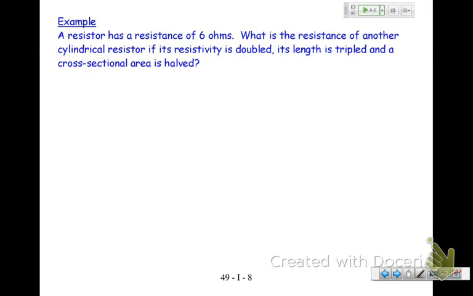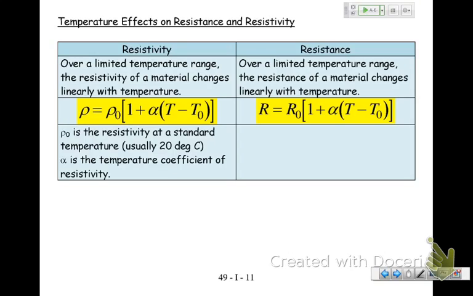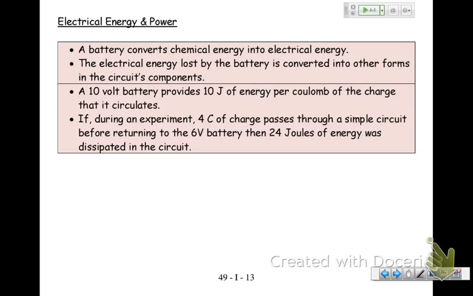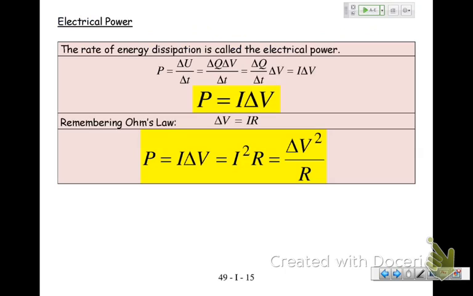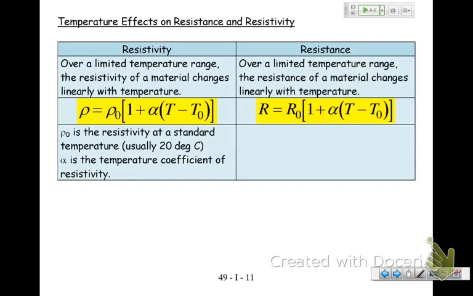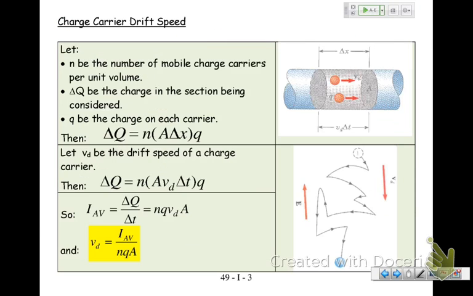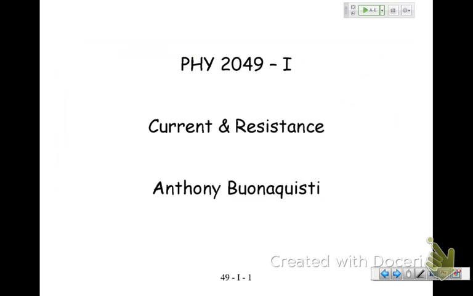Then we're going to talk about the conceptual ideas about how things actually do conduct. And we're going to talk about the temperature dependence of resistivity and resistance. And then we'll talk about power. And I think that's about it. So, fair enough. We're not going to get into complicated circuits or simple circuits. We're just building the basic idea.